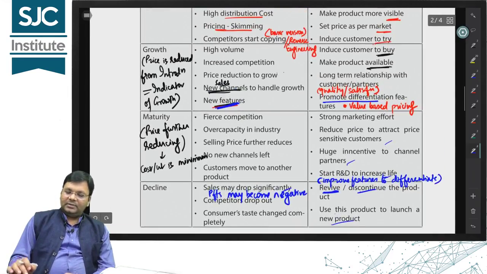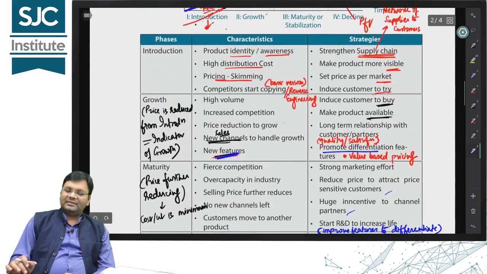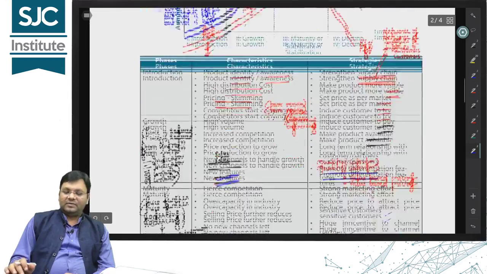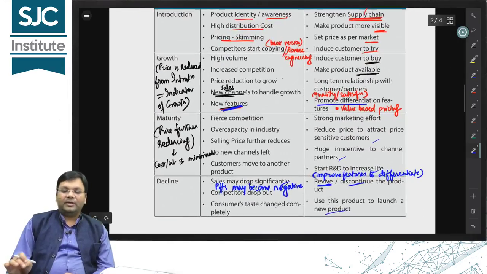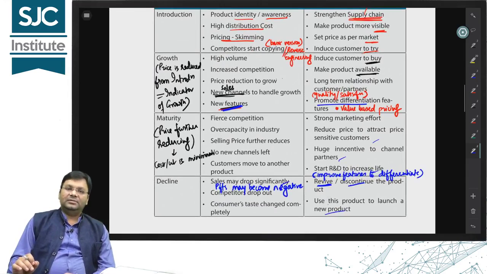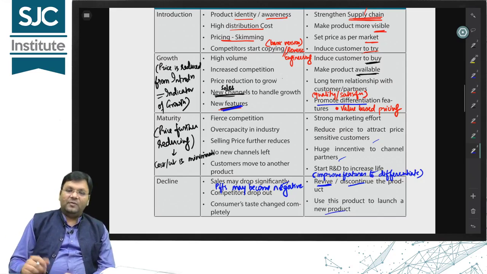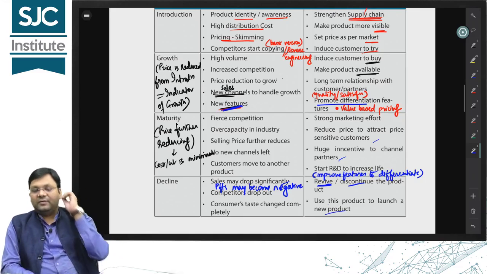These are phase-wise characteristics and strategies, and the tough thing is to remember all these points. There is a very bright chance that you will mix up some of the strategies, and in the exam, if you mix up, they will cut your marks. That's a big challenge for you.